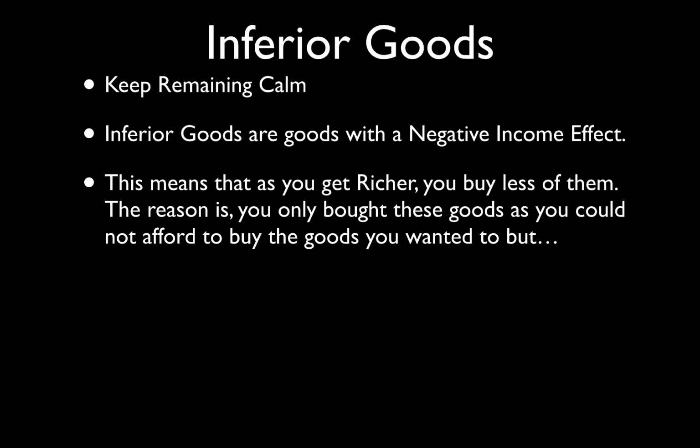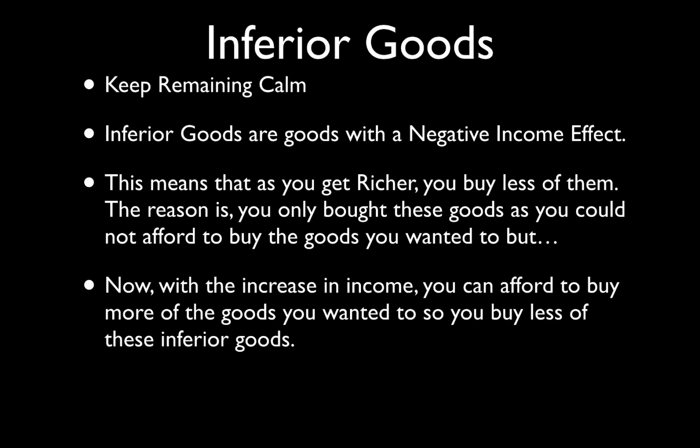So as you get richer, you buy less of these goods because you didn't really want to be buying them in the first place. You wanted the better, the higher quality goods that you couldn't afford. You become richer, you get a pay rise, you get a new job, whatever it is, and now you can afford them, so you buy those nicer goods. And in doing that, you stop buying the goods you didn't want to. Okay, and that's what it means, okay?